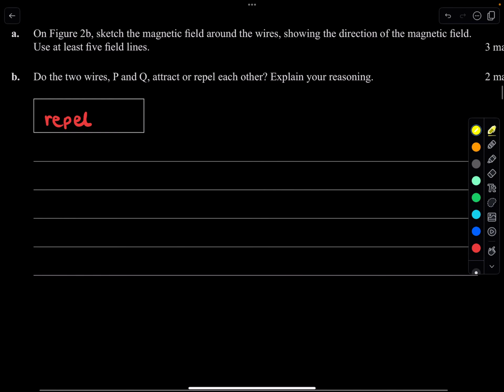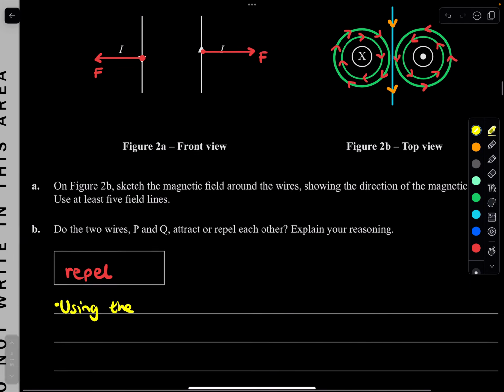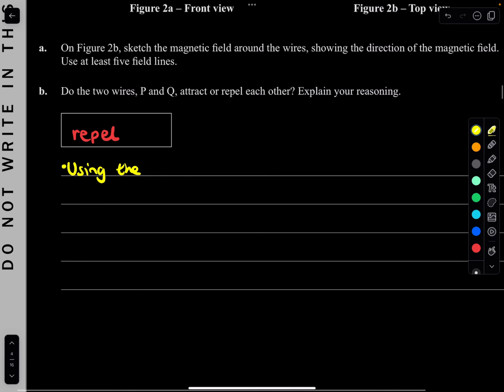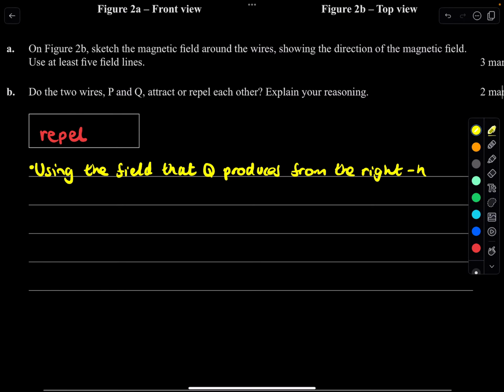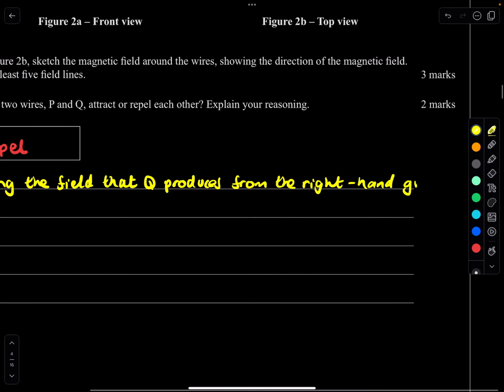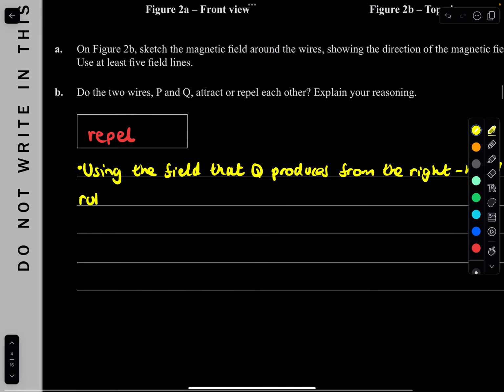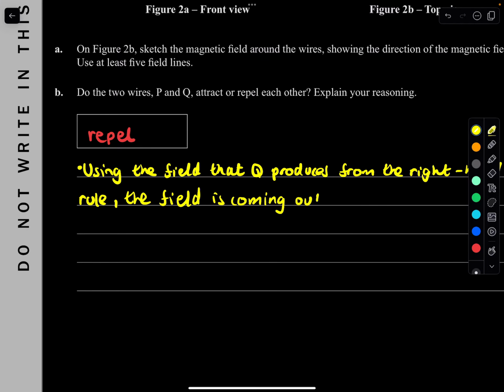Basically using the field from Q. So let's use this Q. Using the field that Q produces from the right hand grip rule, the field is coming out of the page.